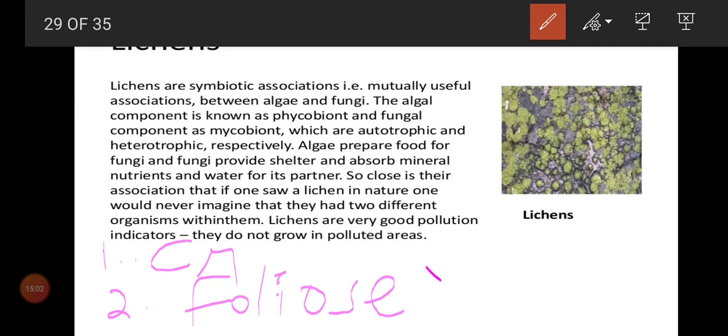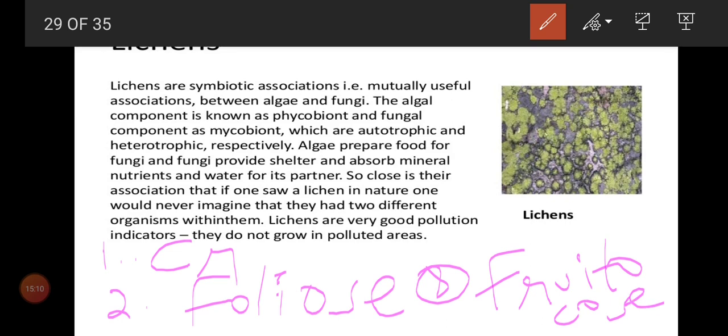And the third category we call fruticose. What do you mean by fruticose, children? This is also a lichen, but this lichen is a little bit advanced. They are all very branched. We can see the lichen very distinctly, very clearly. It is all branched.